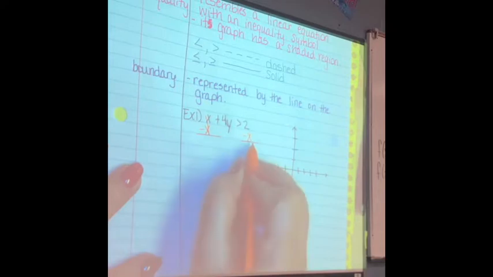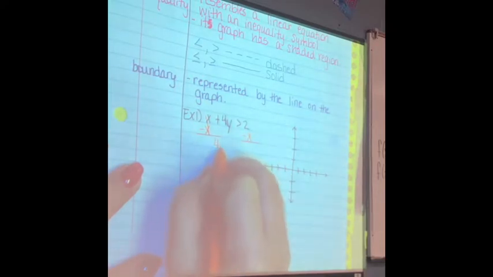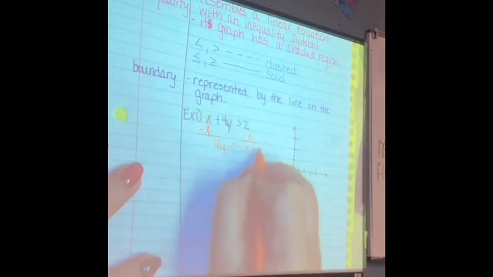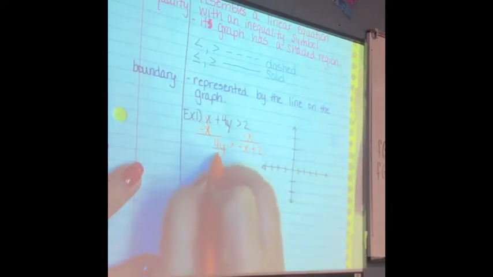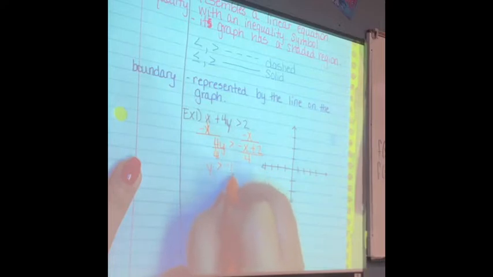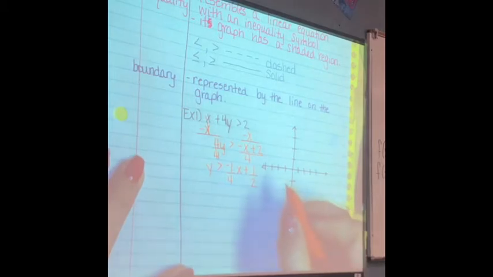So I'm going to start by moving my x, and then dividing all my parts by 4. So that gives me y greater than negative 1/4 x plus 1/2. 2 over 4 is 1/2, right?